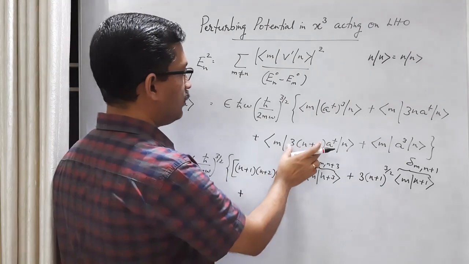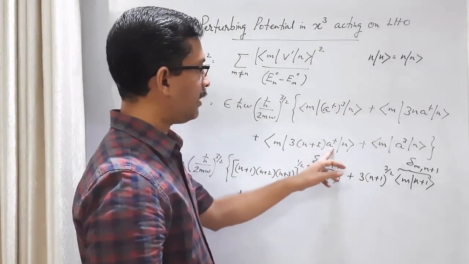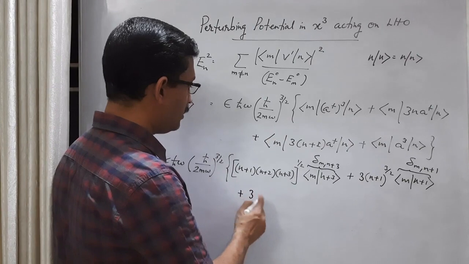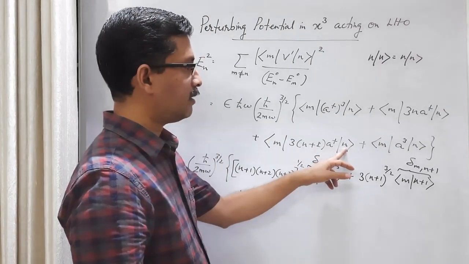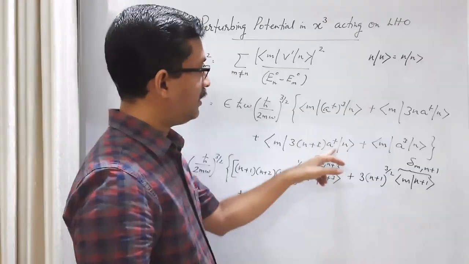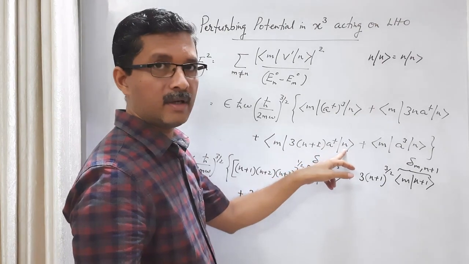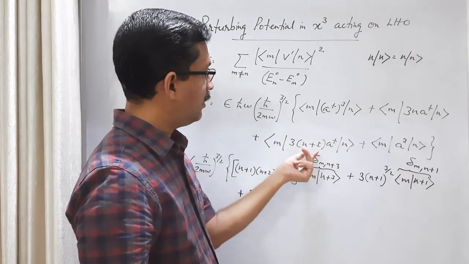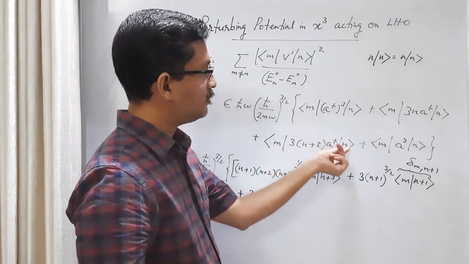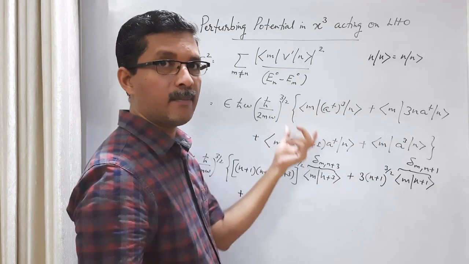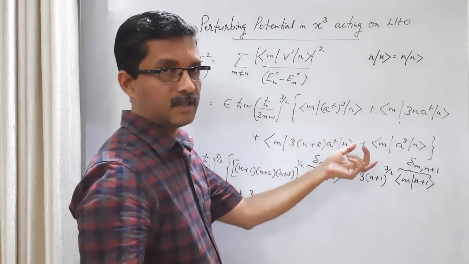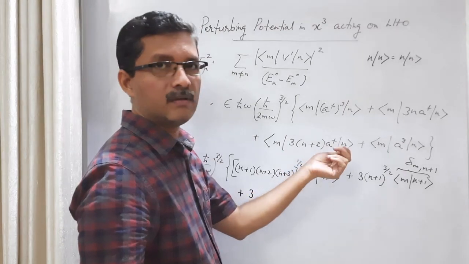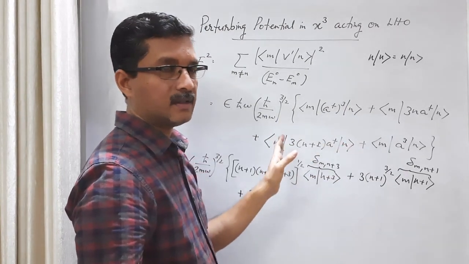Plus, what about here? There is a 3 outside. When a acts on ket n, we have root n into ket n−1. When N acts on this ket n−1, we get n−1 into ket n−1. When the identity acts on ket n−1, we get the same thing.